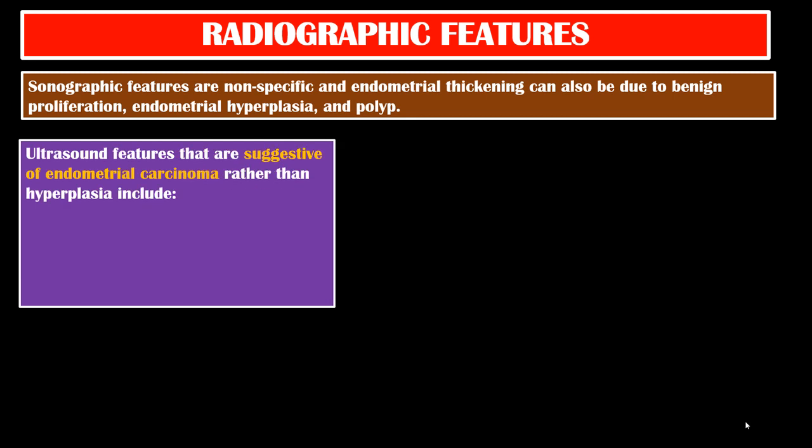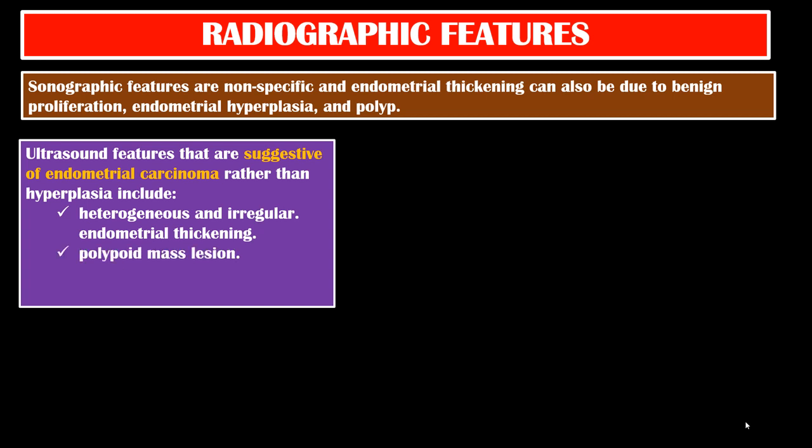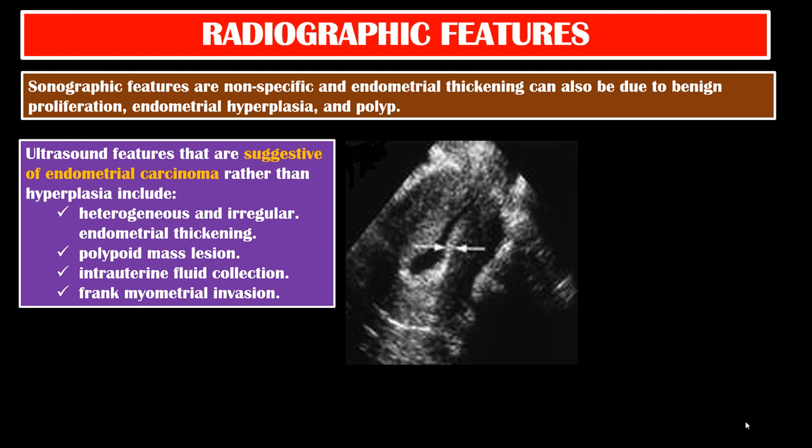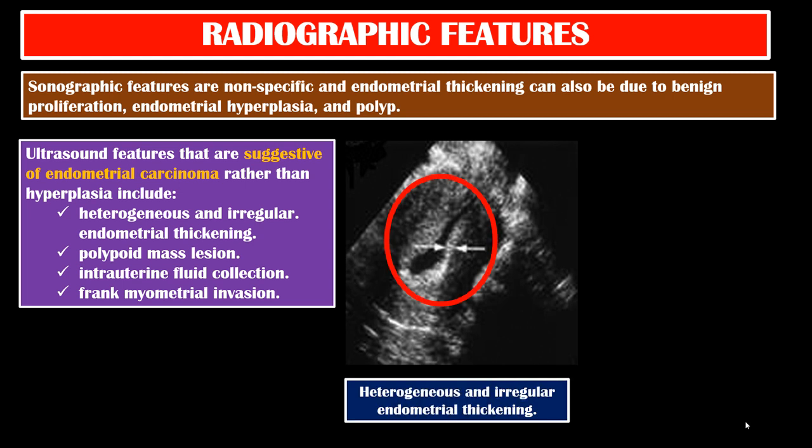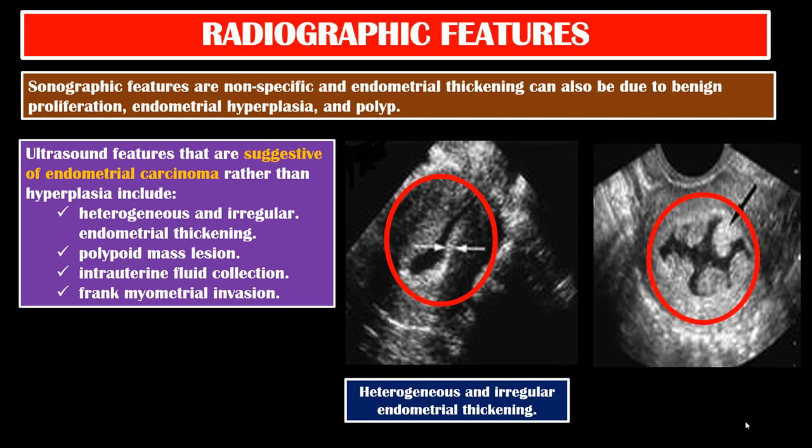Ultrasound features that are suggestive of endometrial carcinoma rather than hyperplasia include heterogeneous and irregular endometrial thickening, polypoid mass lesion, intrauterine fluid collection, frank myometrial invasion. Here in this photo, we can see heterogeneous and irregular endometrial thickening. Here we can see polypoid mass lesion.